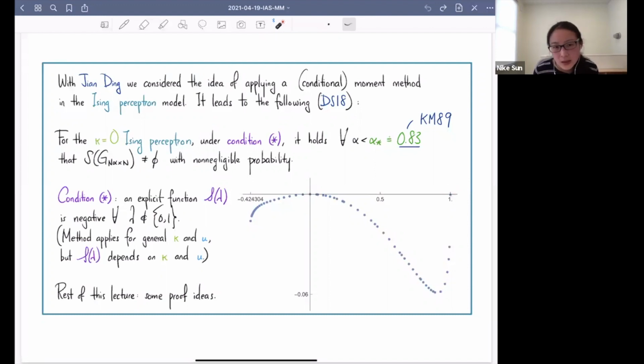The method applies for general kappa and general u, but then we would end up with a different function which depends on kappa and u, so we didn't want to make any claims in general. So this is the result that I want to describe, and I will describe some proof ideas for this.